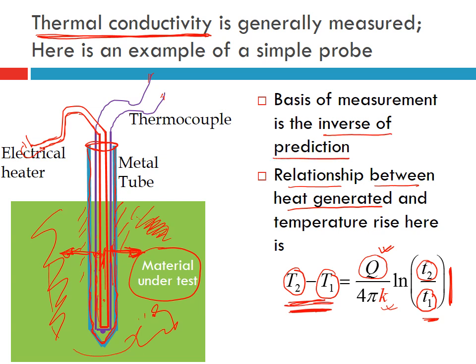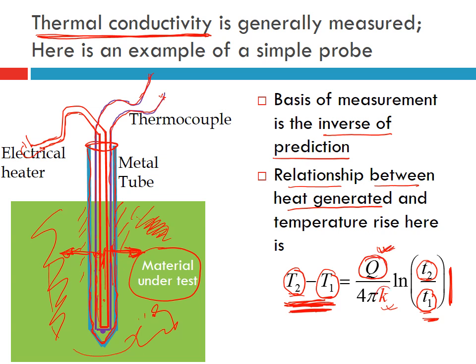Here the temperature, instead of predicting, I'm going to measure using what is called a thermocouple, as we have already talked about. So we insert also a very thin thermocouple inside the tube, and we actually measure these temperatures at the two different times. So we measure the temperatures and we know how much heat we are putting in.